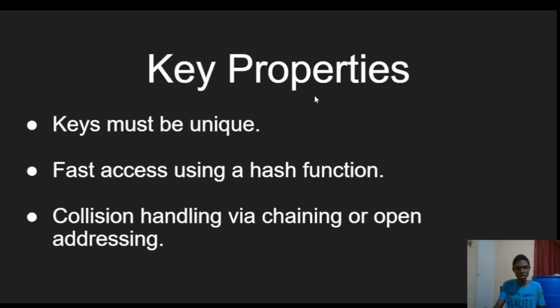Here are the key properties of hash tables. Keys must be unique, fast access using a hash function, and collision handling. Now guys, collision handling essentially means whenever we have a key with the same name. For example, let's say we have a book with different release dates, but it's the same name, right?